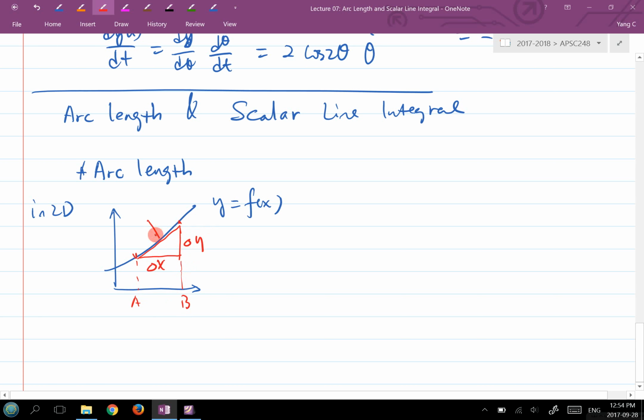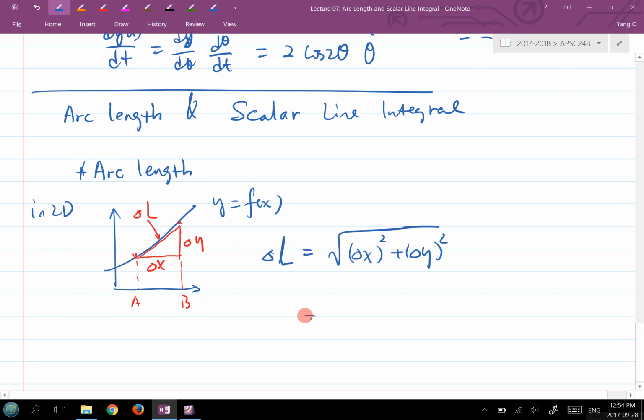The hypotenuse can be denoted as delta L, and you can use it as an approximation for this arc length. Using the Pythagorean rule, delta L equals the square root of delta x squared plus delta y squared.